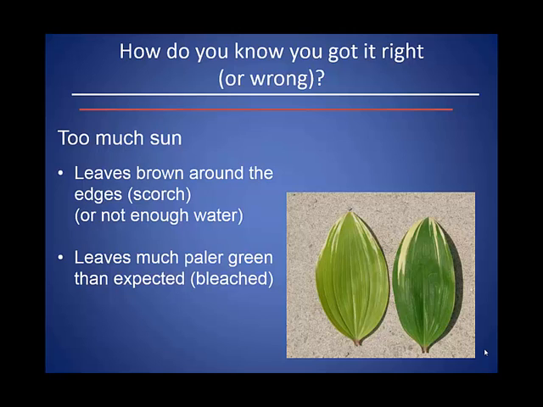Often that can be an indication that your plant is in too sunny a spot, but it also can be an indication that the root system may not be developed enough, or it's just been hot, dry, and windy, and it's desiccating the plant as the wind blows through there. So scorch may or may not be an indication that you're in too much sun. It may be an indication that you just have some other kind of plant stress going on.